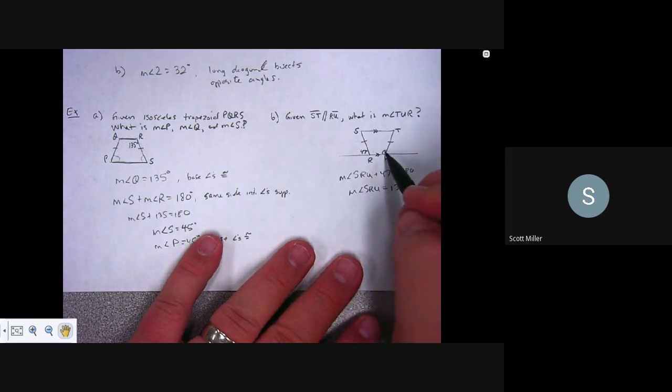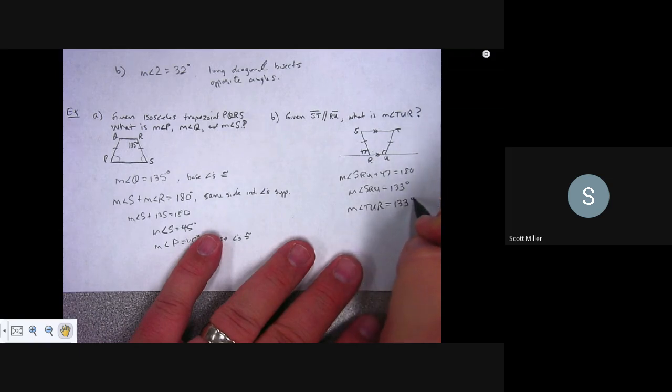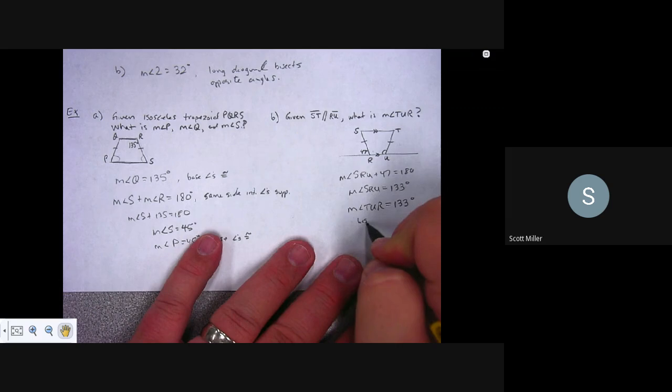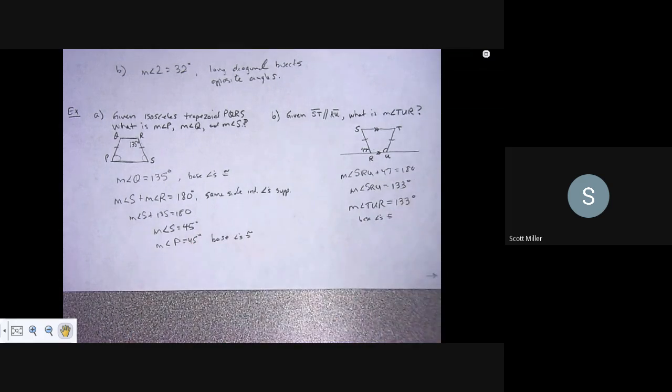And so by that alone, I've already established that this is an isosceles trapezoid. The measure of angle TUR is also 133 degrees because the base angles are congruent. And there's your reasoning for that. Okay.